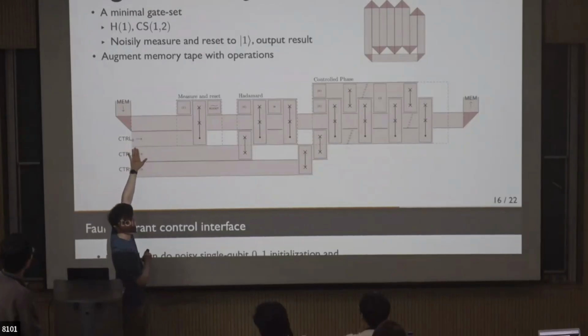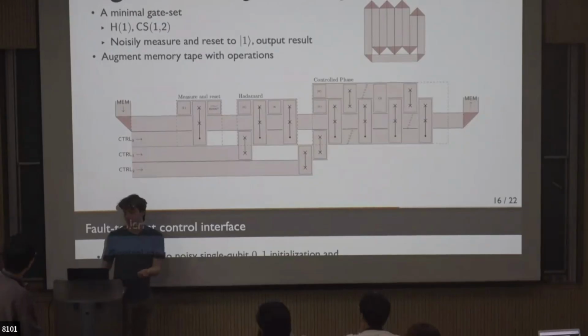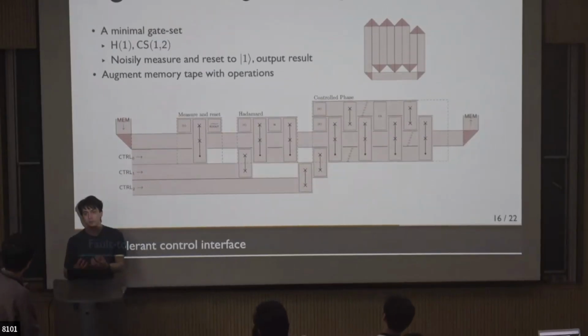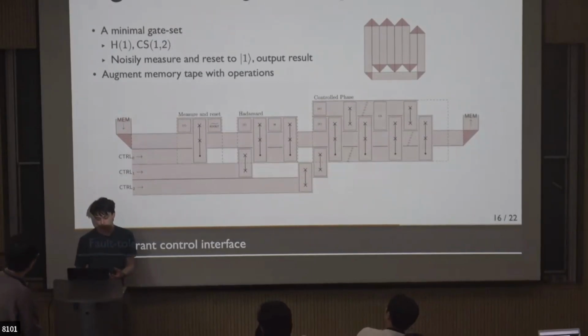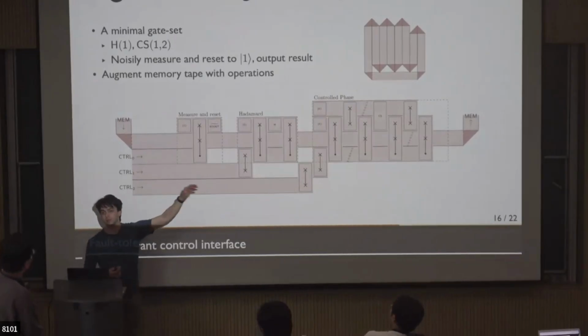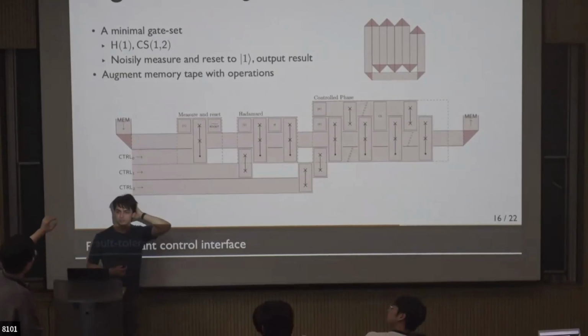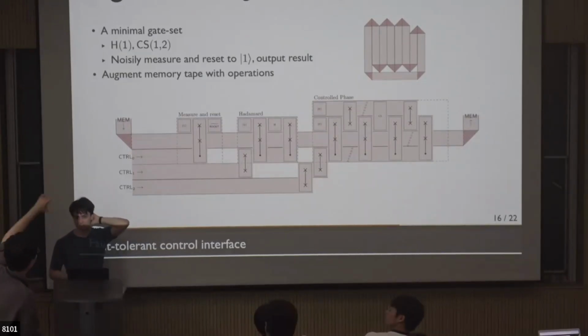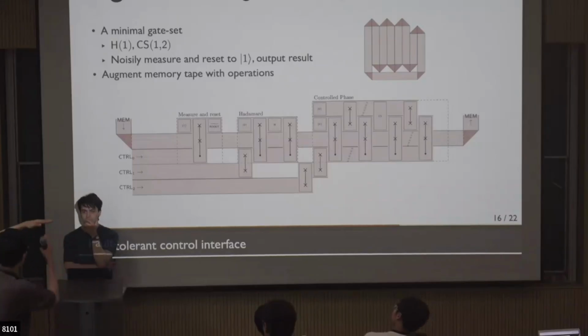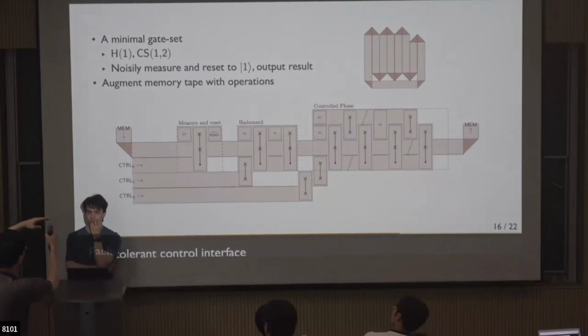Once you're happy with having these perfect control bits that are encoded in your code of your 1D fault-tolerant scheme, then these three operations suffice in order to get universal computation. So one line will only connect to maybe two layers inside of the donut. But through the sequence, this control line effect can propagate through the entire width of the donut, and that's how it's working.